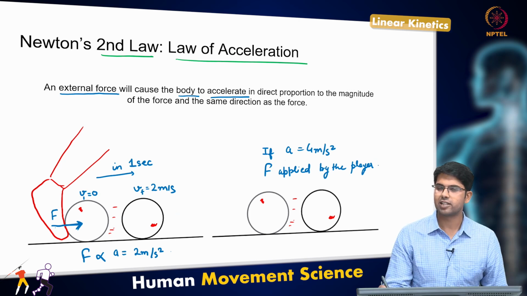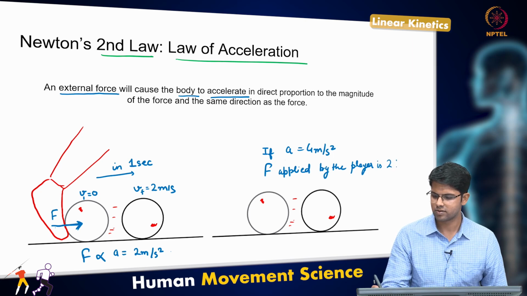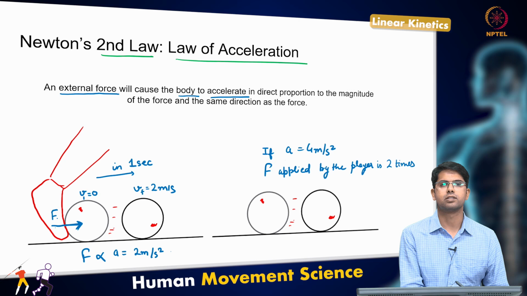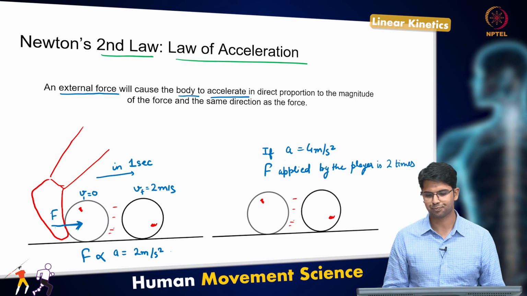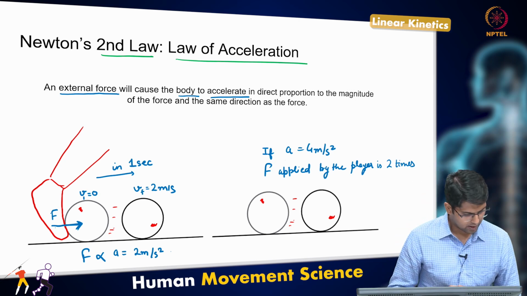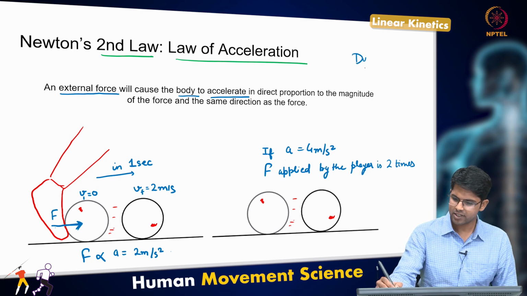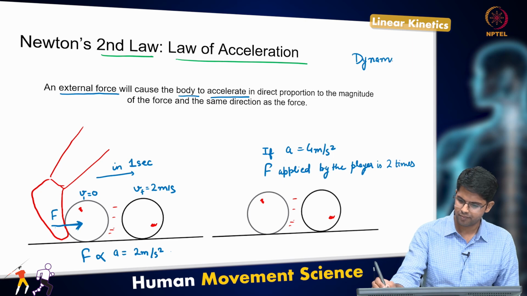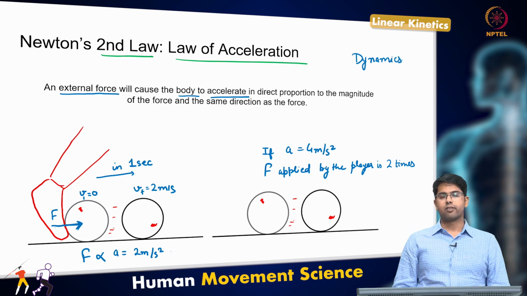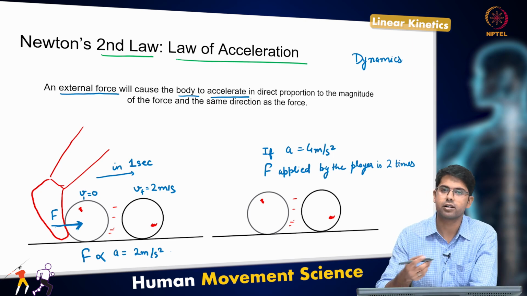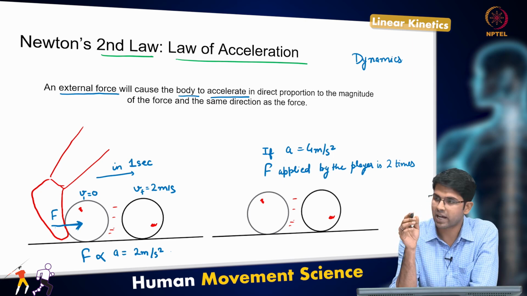So the force applied by the player is 2 times the force applied previously at this instance. Now this field of study is called dynamics, particularly because you're dealing with moving bodies and the acceleration that you impart to a body by applying a certain force to it.